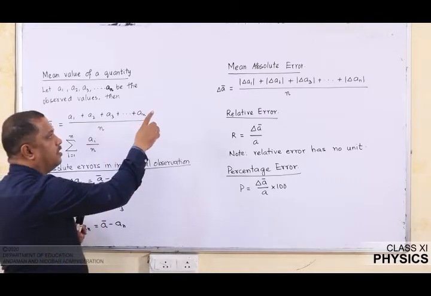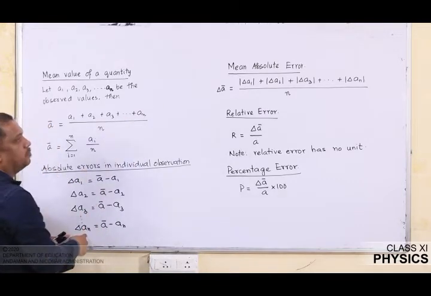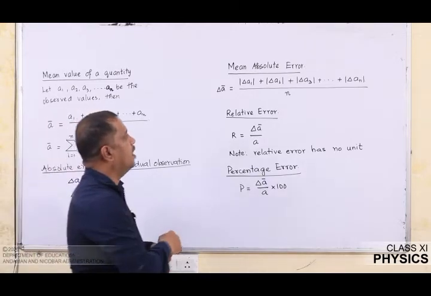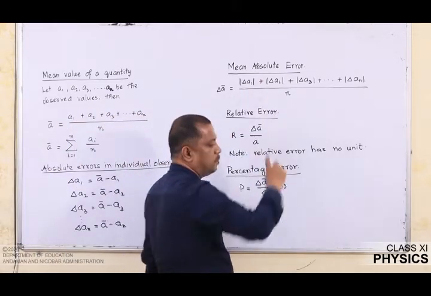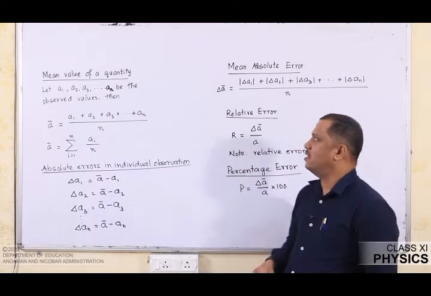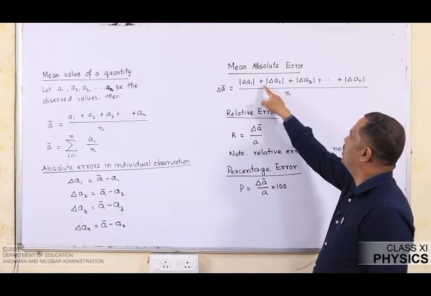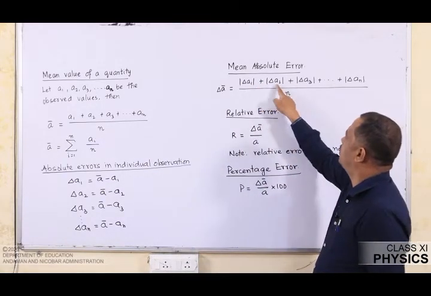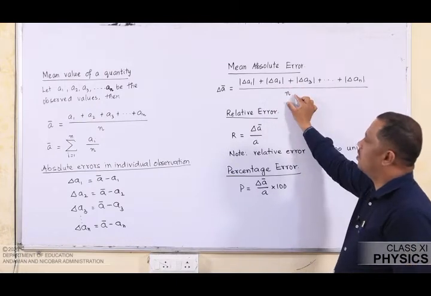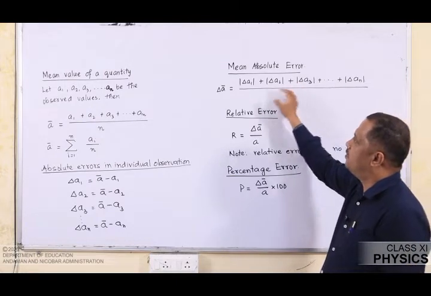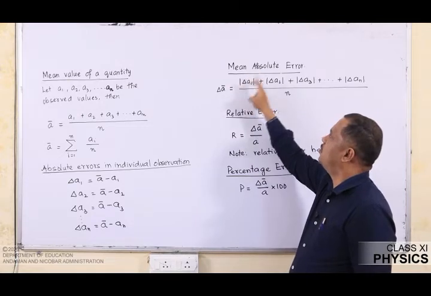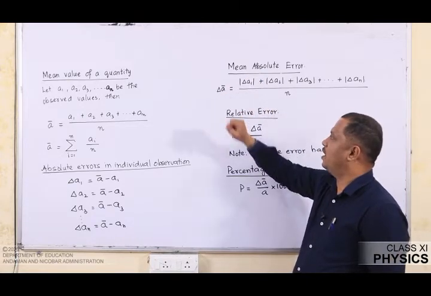When I try to find the mean of all these absolute errors, I take only the magnitude, only the positive quantity of all absolute errors, and therefore the sum of all absolute errors over the number of absolute errors gives us the mean absolute error. So, it is easy to calculate.